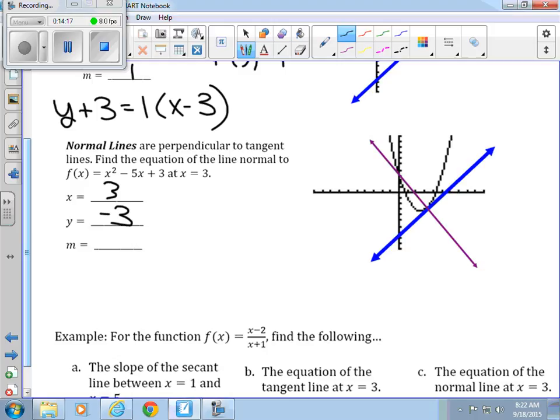You change the sign and you flip it. The beauty of using point slope form is I don't have to find b again. I don't have to find the y-intercept again. I just write the exact same thing I wrote last time, except with a different slope. So if they ask you to find tangent line, normal line, it's really easy. You just do the opposite reciprocal of the slope.